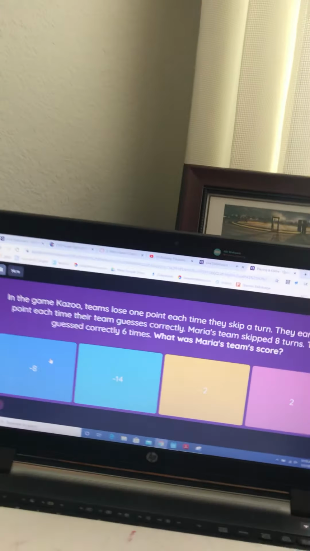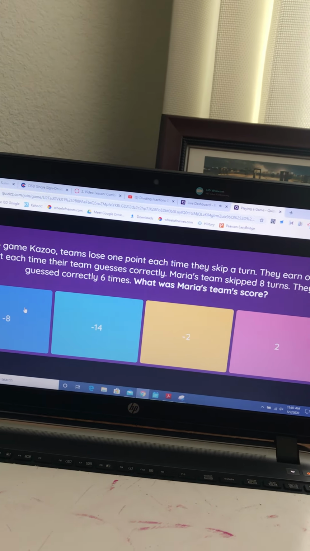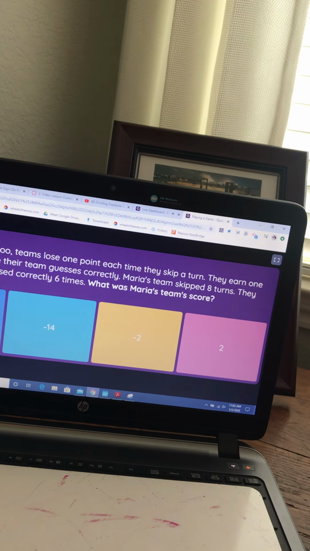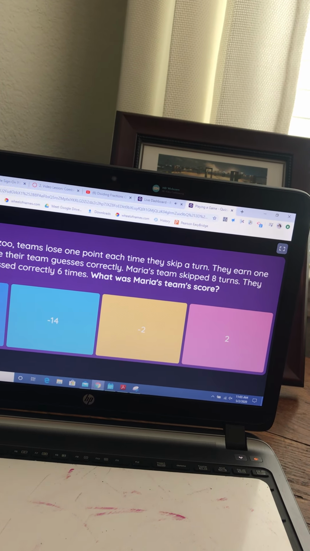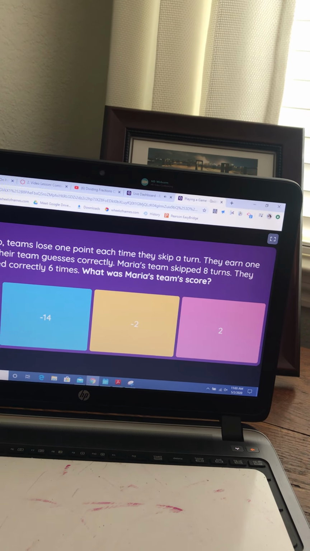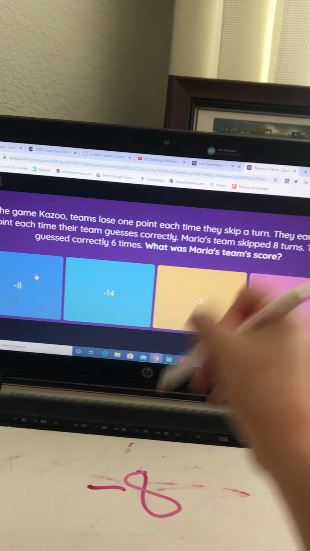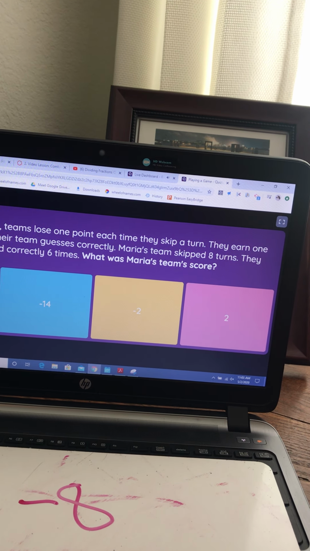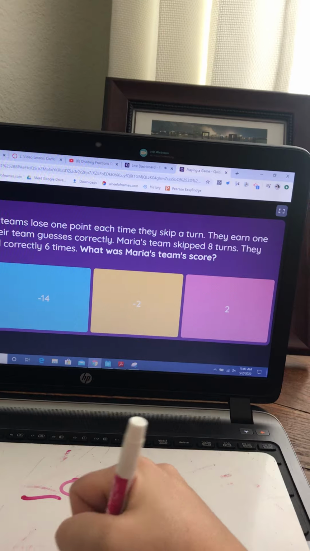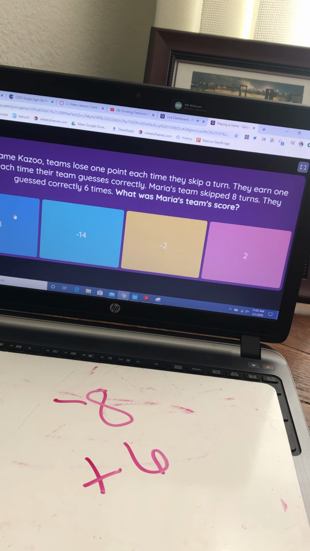In the game Kazoo, teams lose 1 point each time they skip a turn. They earn 1 point each time their team guesses correctly. Maria's team skipped 8 turns, so that would be a negative 8 or losing 8 points. They guessed correctly 6 times. Positive 6 points there.